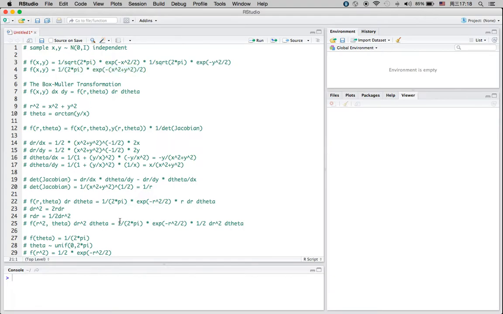We still have 1/2 pi multiplied by the exponential of negative r squared, where we have negative x squared and y squared. Here we just change it to r squared over 2, and then multiply by 1/2, and then dr squared and d theta. So basically we are just changing the variable from x and y to r squared and theta.